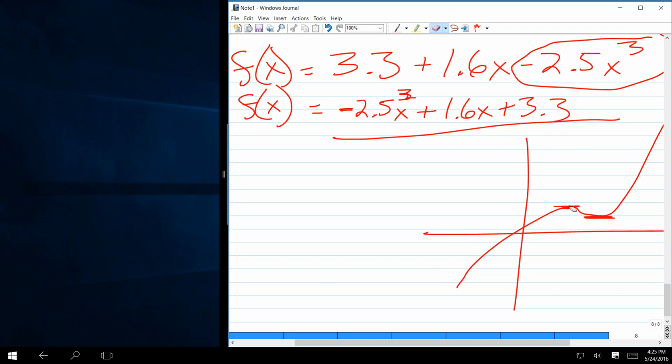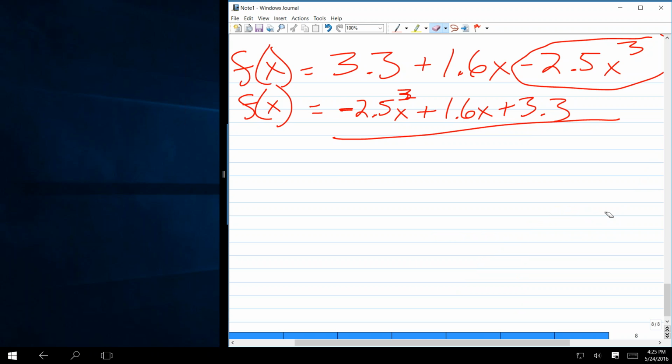Whenever you're trying to locate these maximums and minimums, what you're looking for is the slope of that tangent line to be horizontal. Well, the slope of the tangent line is the first derivative. So the way I get the first derivative here, and I would find it difficult.